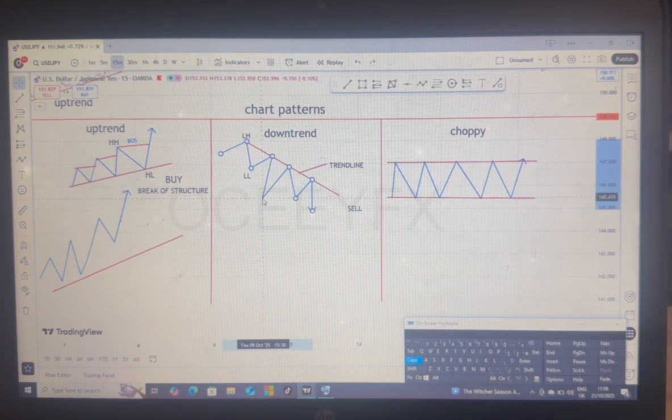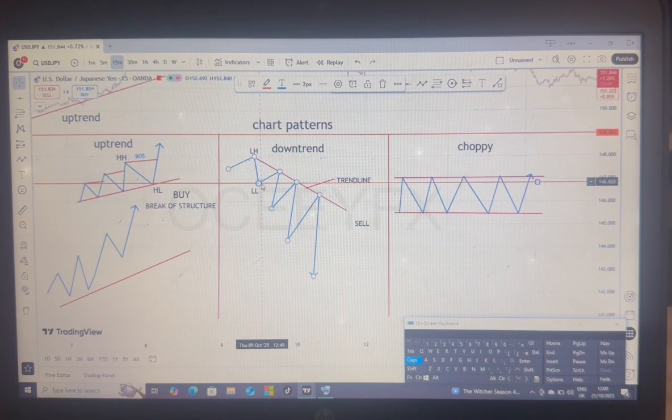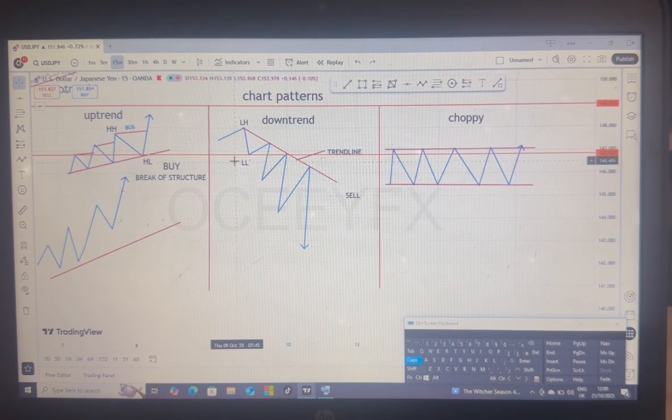About this drawing, let me expand it so it can be very clear. You must see a break of structure. So as you can see here, this is a break of structure. The break of structure must be to the downside. This is a break of structure.